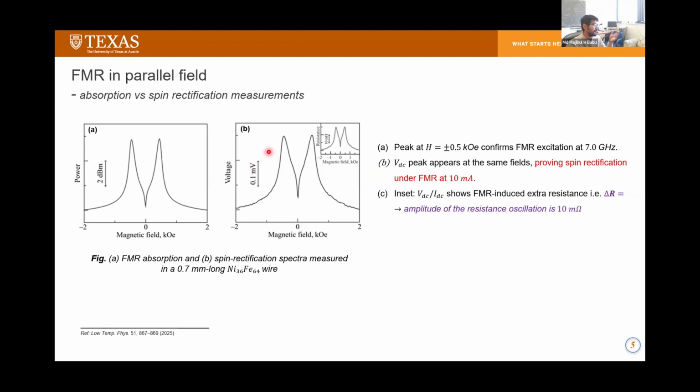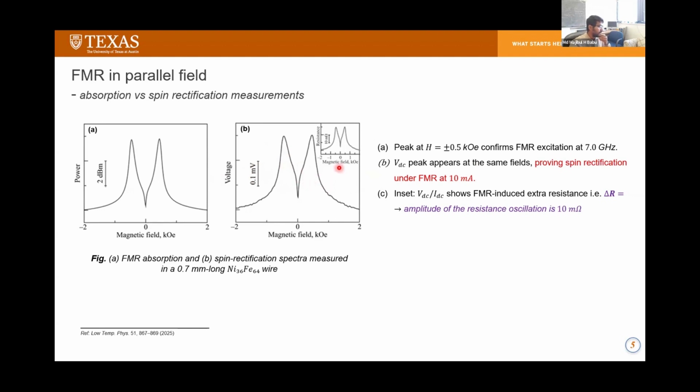This figure represents the photovoltaic peak that appears at the same resonant field, proving that the signal comes from the spin rectification during FMR at 10 milliampere DC current.